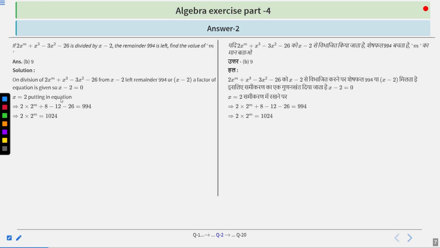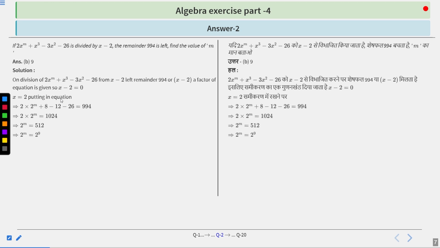Now 8 minus 12 minus 26 is minus 30, so in the next step we will get 2 into 2 raised to power m is equal to 1024. So 2 raised to power m is equal to 1024 upon 2, that is 512.